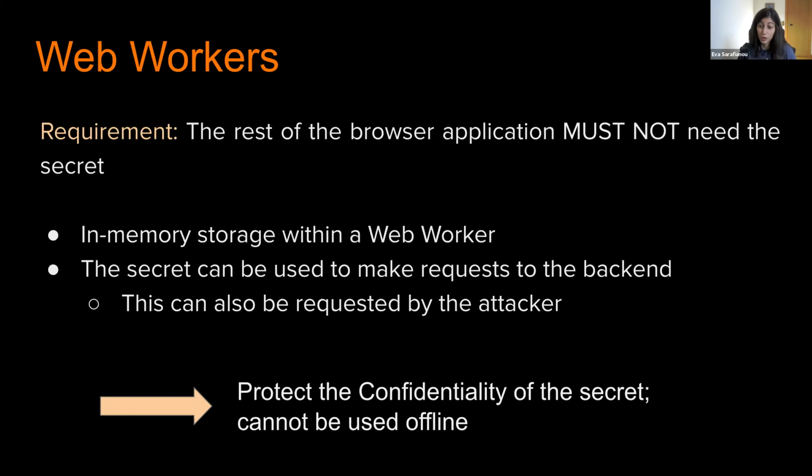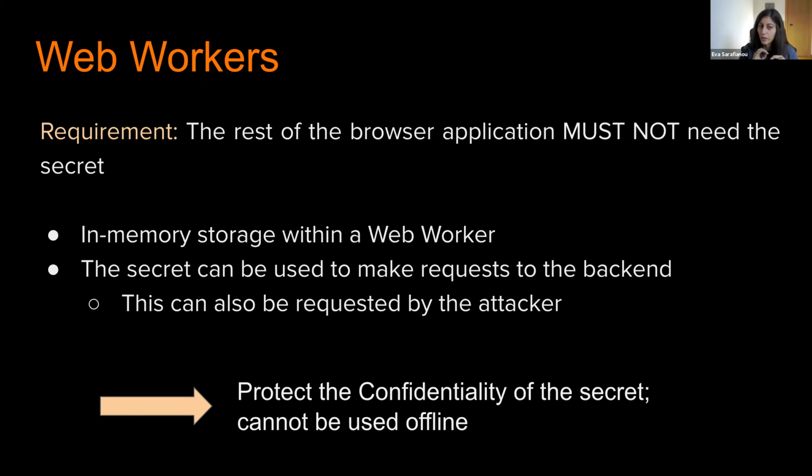This has the same issue as we discussed with HTTP-only cookies, meaning that making requests to the backend can also be requested by the attacker. So the attacker who controls our front-end JavaScript application can send a message to our web worker and say, hey, I want you to make a request to the backend and give me back the response.